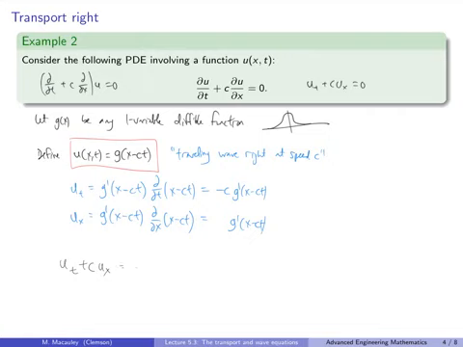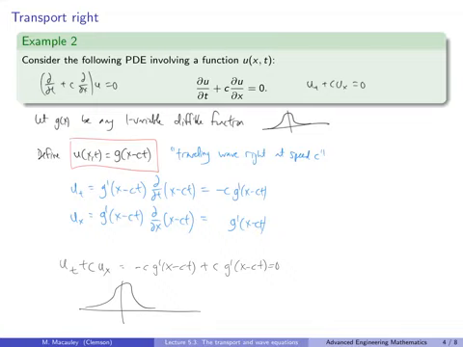So this is negative c g prime of x minus ct plus c times g prime of x minus ct. That's equal to 0.